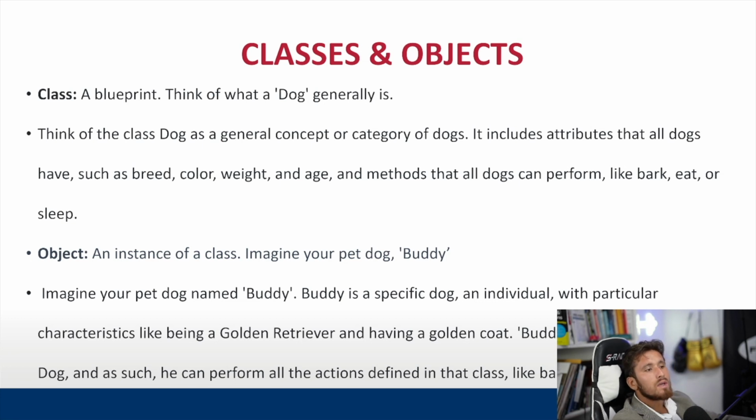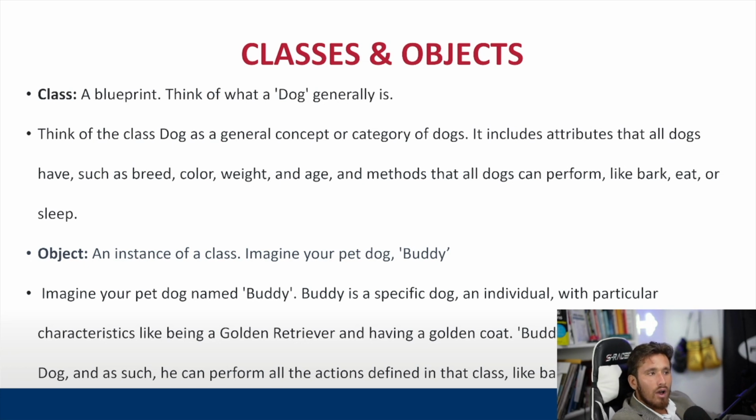But what we can do is create instances of our class. We can have an instance, and that's considered an object. So we have the dog class, DOG, and we have a dog named Buddy. So we can create an object. Basically, it's considered an instance of the class. So just think of it as a subset of that class that's called Buddy.